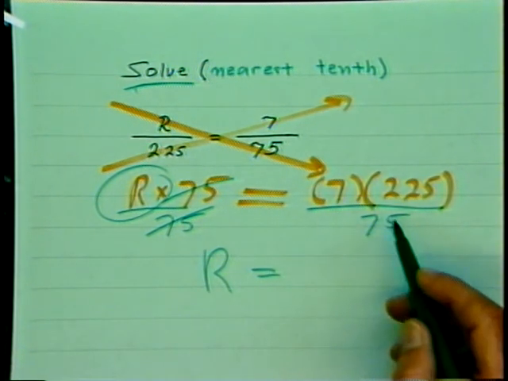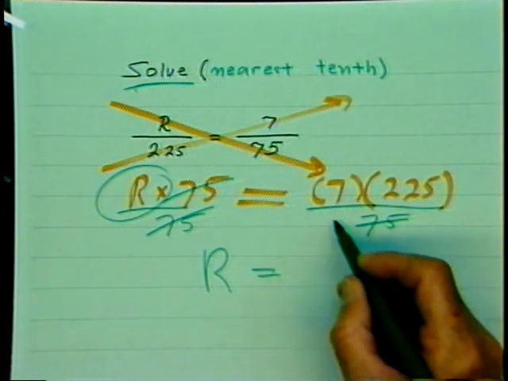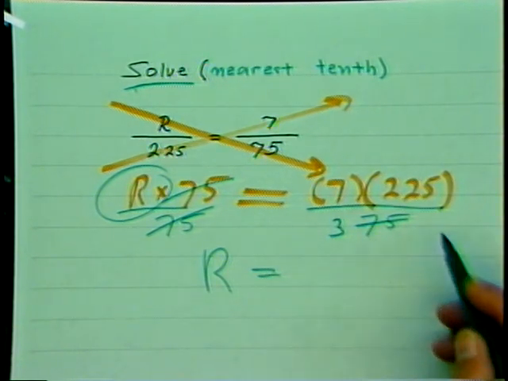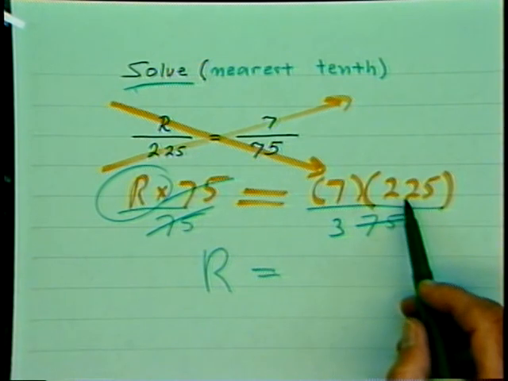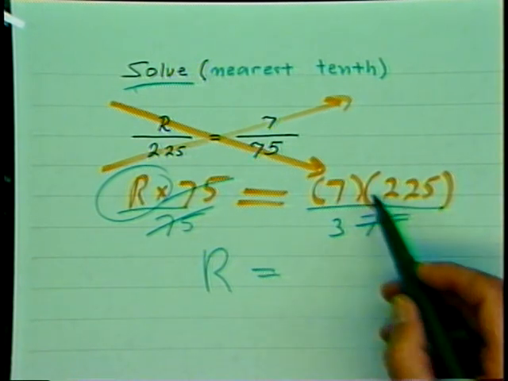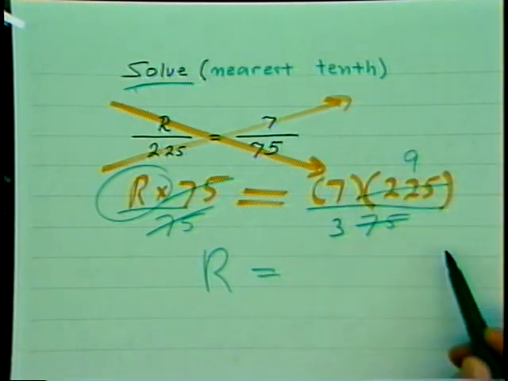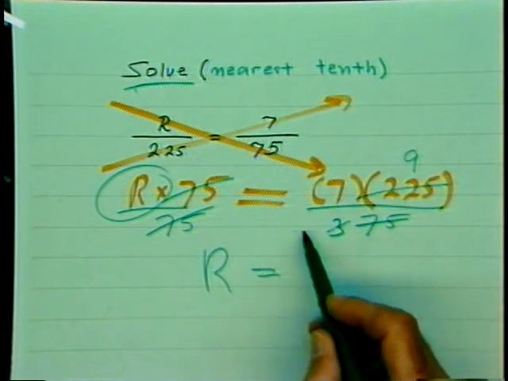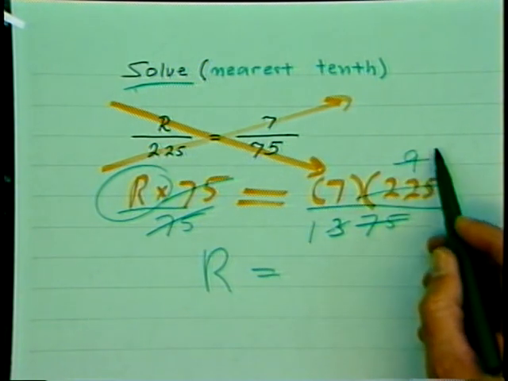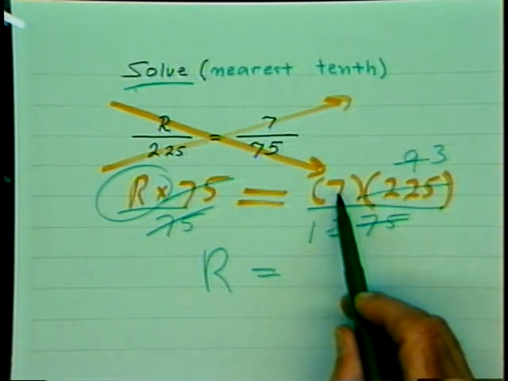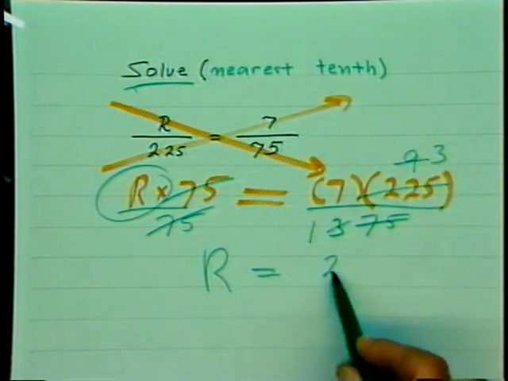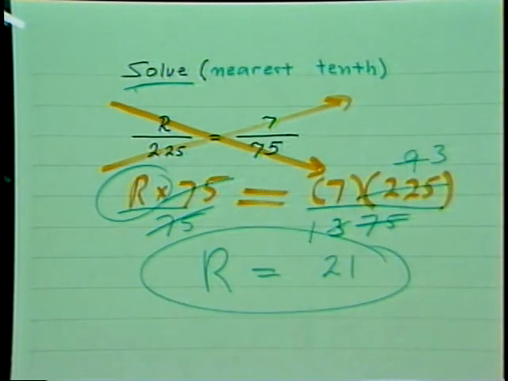So in this case we can see that 25 goes into 75 3 times, and 25 goes into 225 9 times, and again 3 goes into here once, 3 goes into here 3, and I'm left with 7 times 3, which is 21, which was fairly fast.